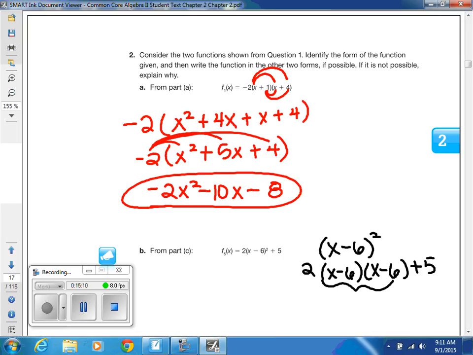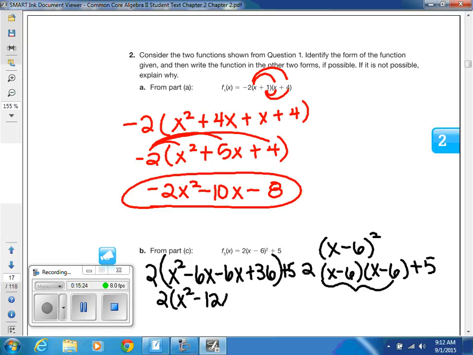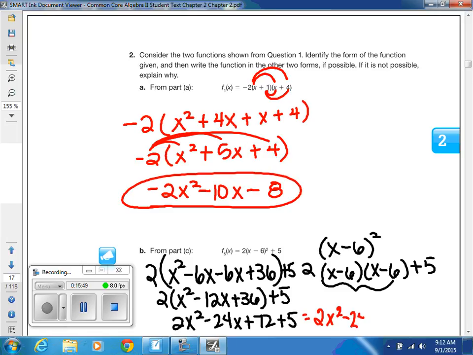So that's going to be 2 times x squared minus 6x minus 6x plus 36, all that plus 5, or 2 times x squared minus 12x plus 36, plus 5, 2x squared minus 24x plus 72 plus 5, 2x squared minus 24x plus 77.